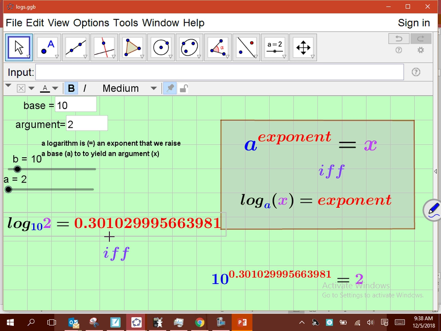But 10 to the first would give me 10, and I want to get back 2, right? So doesn't it make sense that I need to use a number between 0 and 1 to do that? You're seeing that if I raise it to the 0.301, 10 to that is going to kick back a 2. So it's giving me that fractional, that rational exponent to kick back that 2.